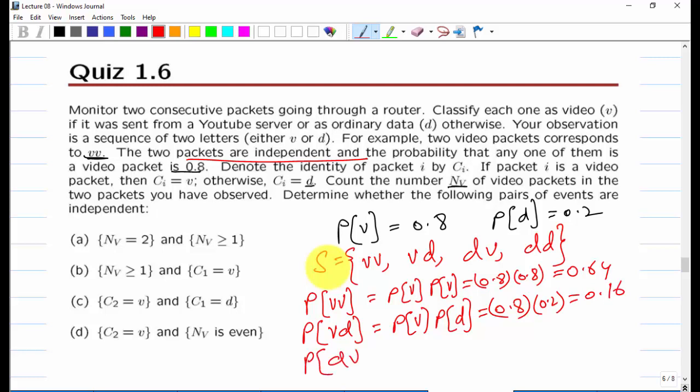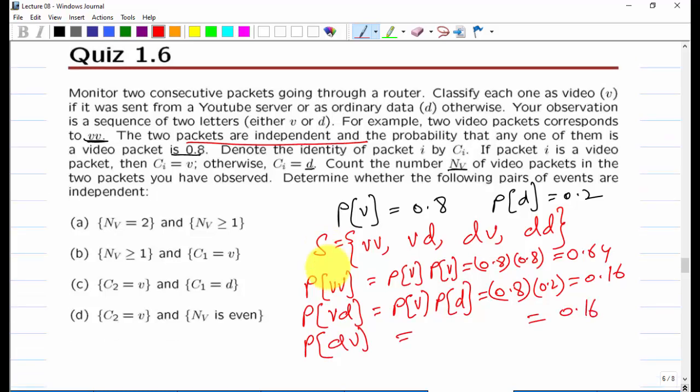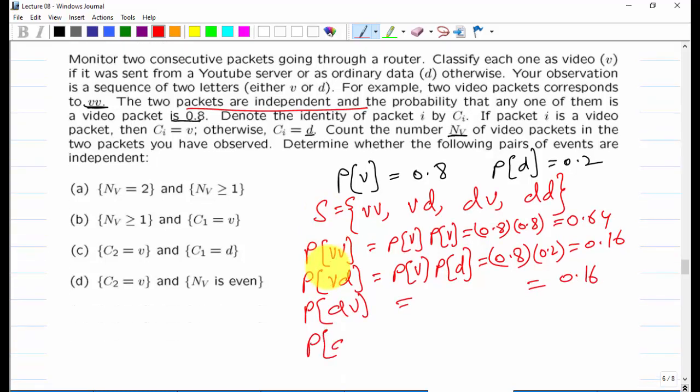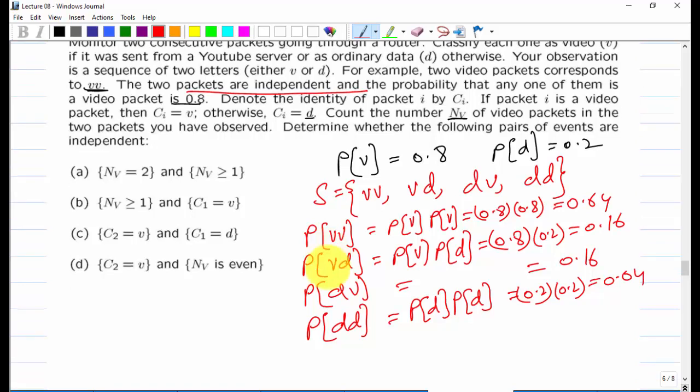Similarly, the probability of DV is 0.16, and the probability of both data packets is probability of D times probability of D, which is 0.2 times 0.2, which is 0.04.